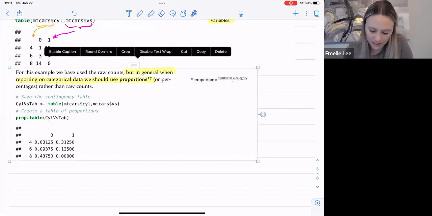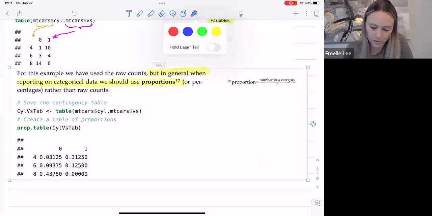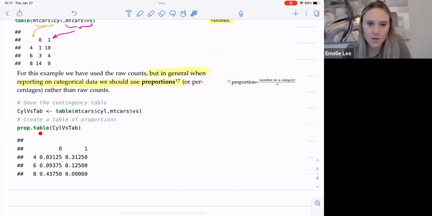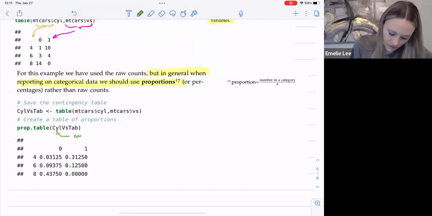So we should be using proportions instead of these raw counts. Okay, so the prop.table command has to be applied to a table. That's just something to keep in mind. It must be applied to a table.